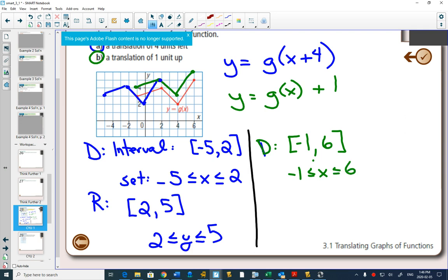And you could write it this way as well. And then the range, the smallest y value for the green one is 3. The largest y value for your green one goes up to 6. Or like that as well.